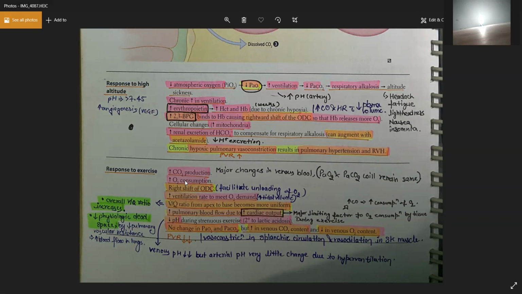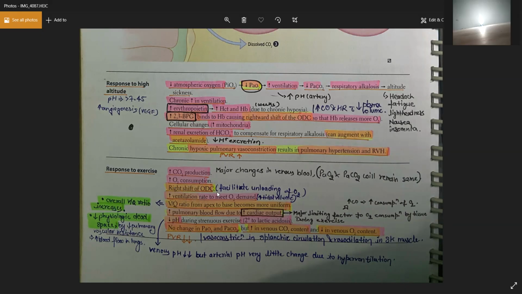All of the changes will happen to give more oxygen to your body so that it can meet its oxygen requirement. So ultimately, a right shift will also occur so that more oxygen is released by the RBCs, by the hemoglobin.